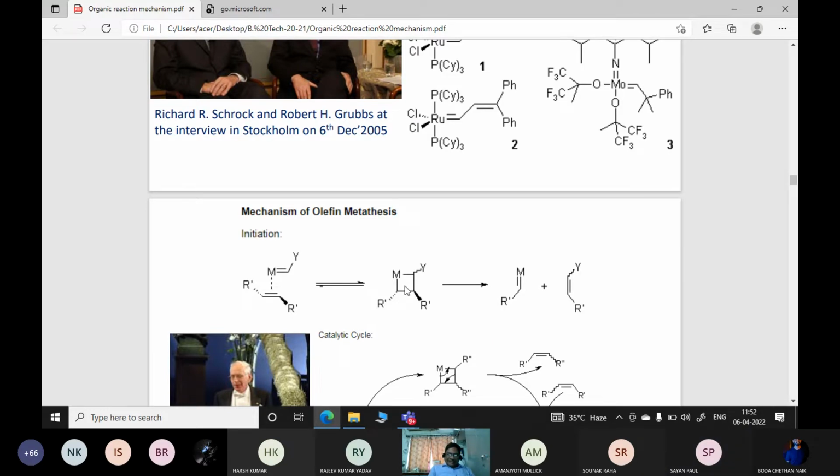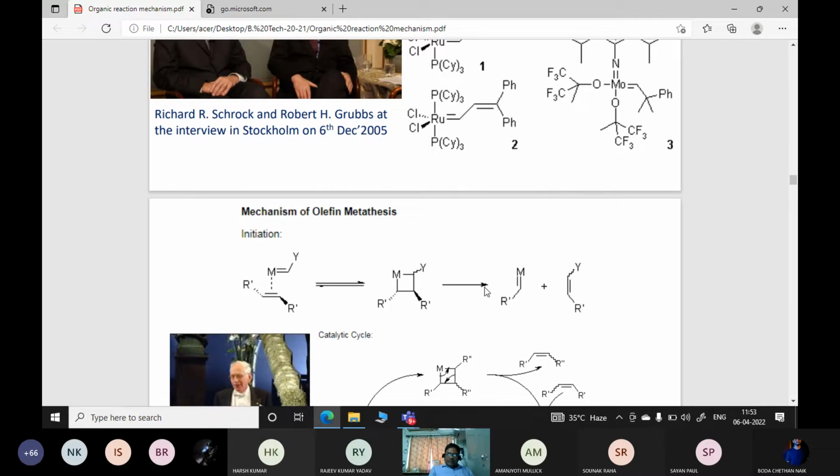Okay. So next step, this is a transition state. It is very unstable, so naturally it tries to rearrange and become a lower potential species. So the metal-carbon bond, the metal and Y-attached carbon, will break. At the same time, this carbon-carbon bond will break, and a new metal-carbon double bond will form and a carbon-carbon double bond will form.